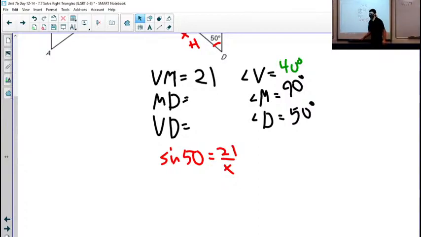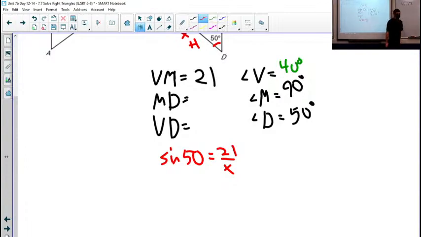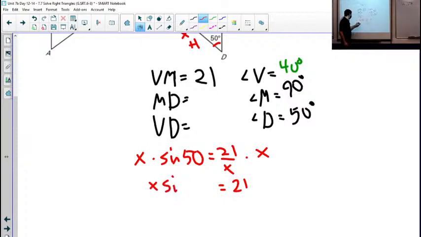So we practiced all last week solving this by multiplying by what's on the bottom to get rid of the fraction. That way, these cancel and I have 21, no more fraction. That was our goal. Fraction's gone now. Over here we have x times the sine of 50.